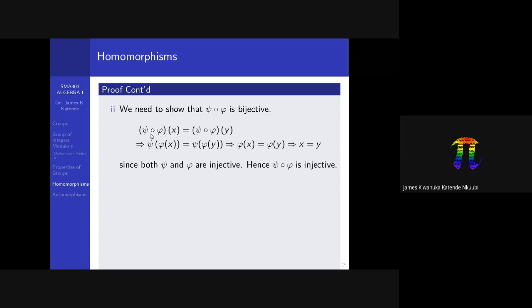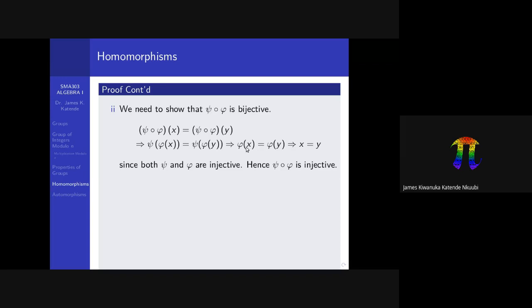So if the image of x under this composition is equal to the image of y under this composition, we can apply the rules for composition of functions, and phi of x becomes the argument here, and phi of y becomes the argument here. But since this map is already an isomorphism, it is injective, so the arguments must be equal.